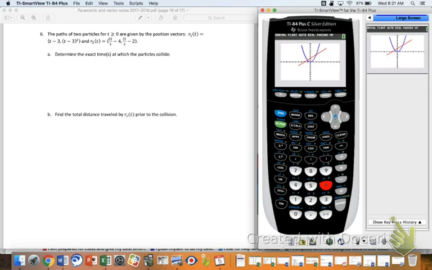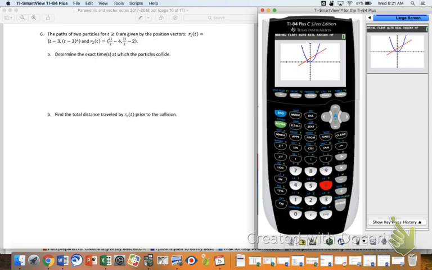Take a look at example 6, part A. It says, determine the exact time or times when the particles collide. We're going to get a hint about this by thinking about those intersection points. The only way that they could collide is if the x coordinates are the same, or if the y coordinates are the same. So our first step is going to be to set either the x's equal to each other, or the y's equal to each other, and it really doesn't matter which one. So here we go.